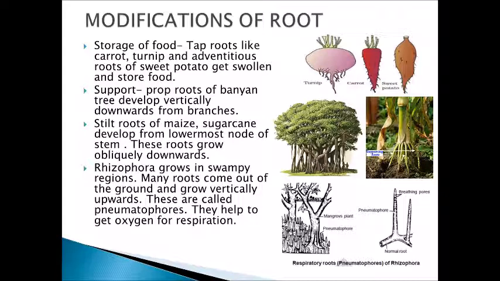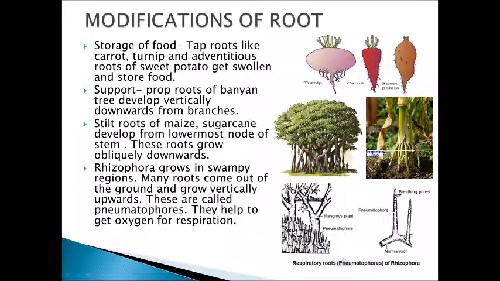The next modification of roots is for support. Apart from the roots which anchor the plant in the soil, there are other roots. For example, in the banyan tree, prop roots develop from the branches which grow vertically downwards.